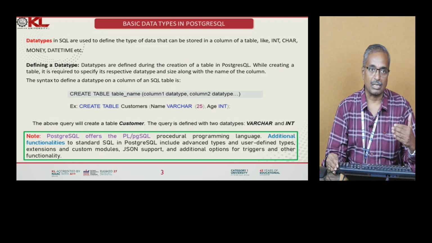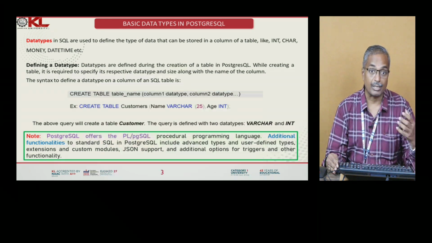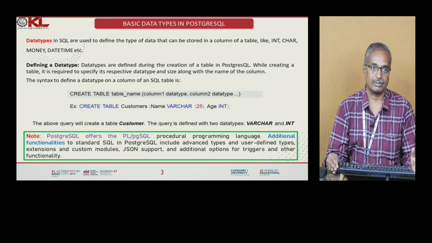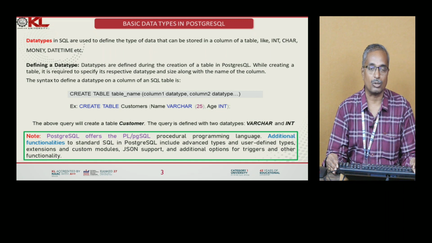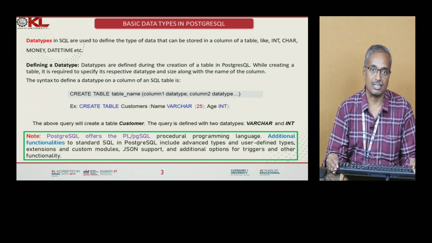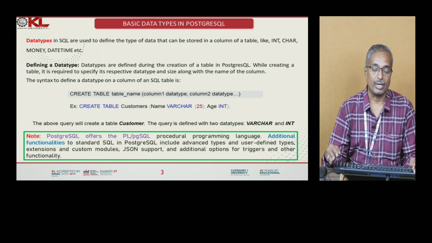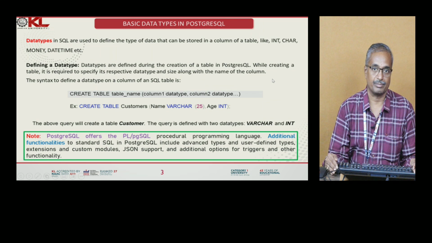So the total SQL language commands are classified into 5 categories, but as per this session I want to complete DML statements. But before writing the queries either in the SQL language or in PostgreSQL, we have to know the data types.